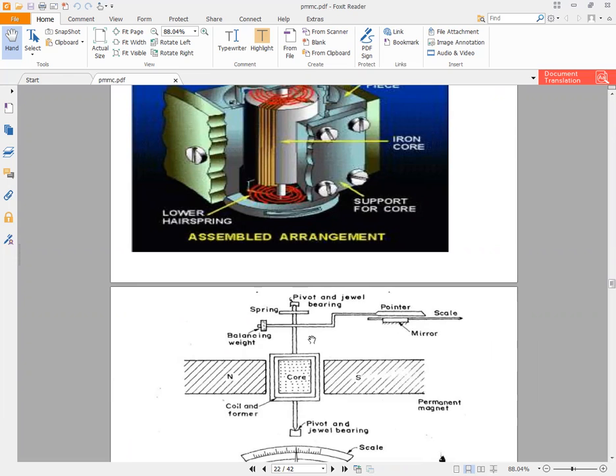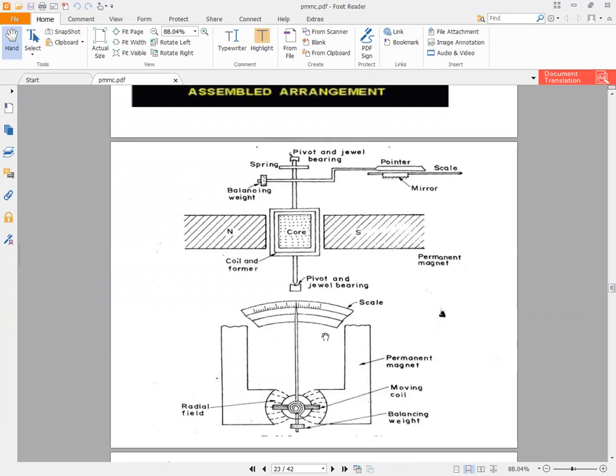The disadvantage is that it can measure only DC quantities, meaning only DC current and DC voltage, not AC voltage and AC currents.